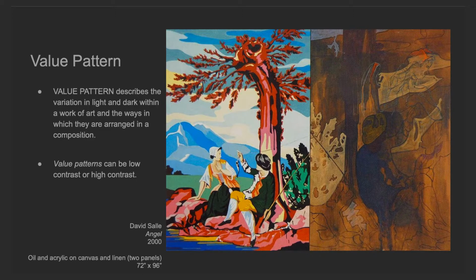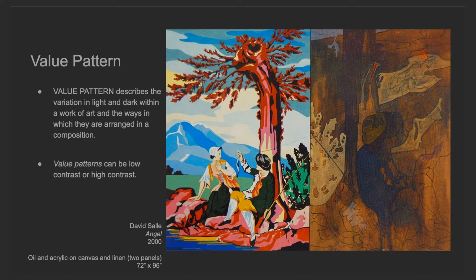If you're to describe the value pattern in its simplest terms, the artwork is divided into left side and right side. On the right side is a low contrast value pattern, and on the left side is a high contrast value pattern.